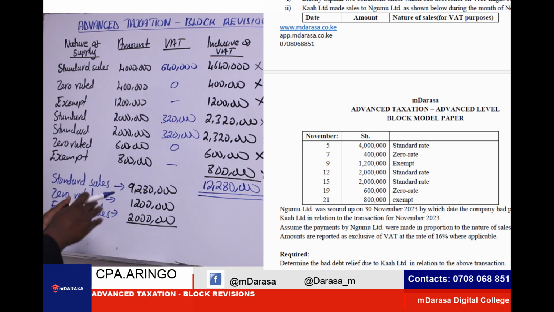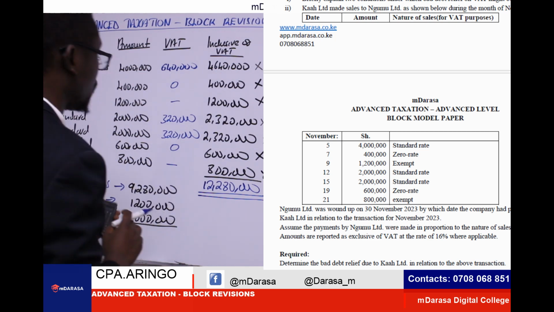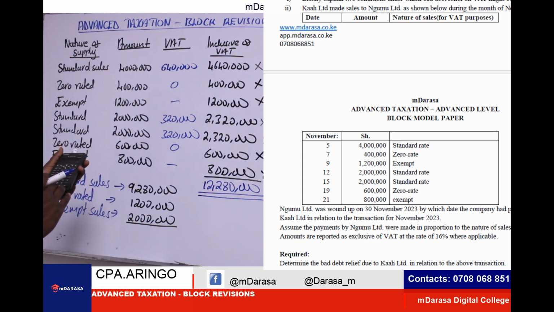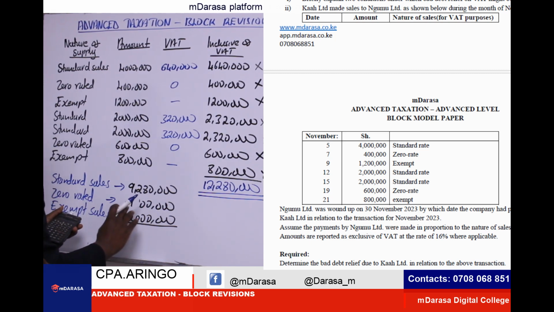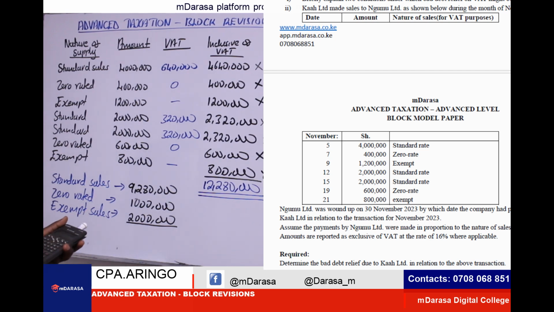You're getting 9280 plus the zero rated, we're having 400, plus our value, which is 400 plus 600 to give us 1 million, right? So this is 1 million, the zero rated, right? Zero rated is 1 million.